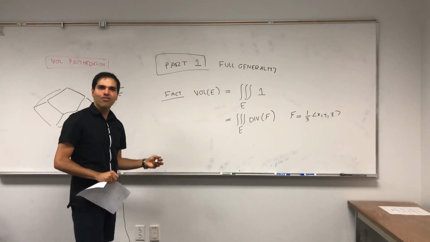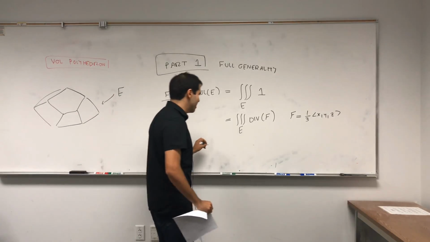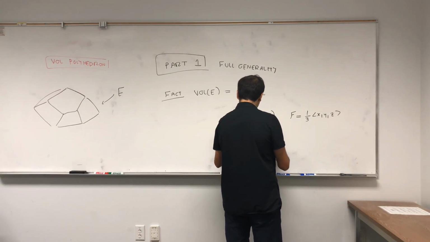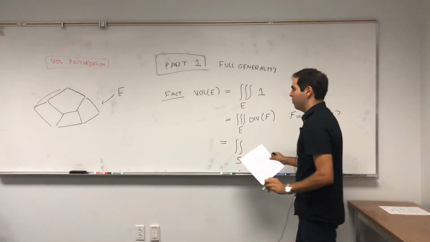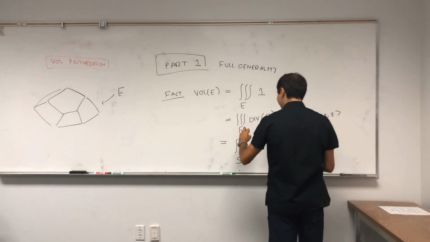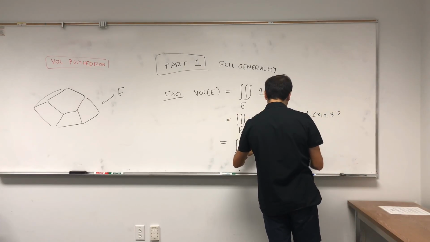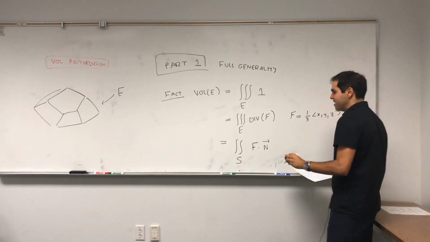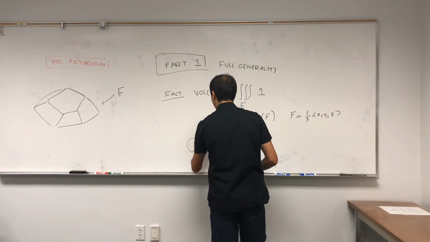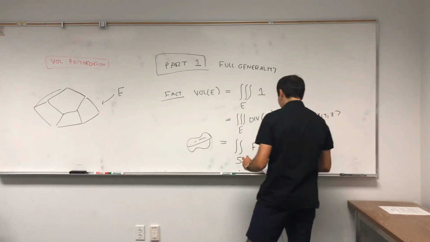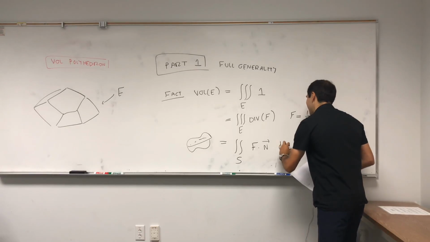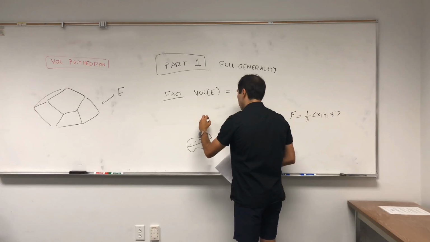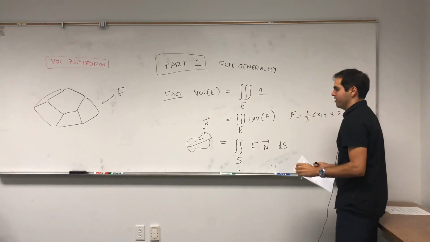And then there's this beautiful theorem called the Divergence Theorem, which tells you that the triple integral of the divergence is the double integral over the surface of E of f dotted with n dS, where n is the outward pointing unit normal vector to the surface.